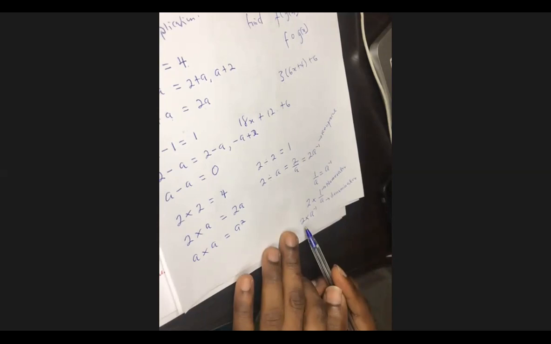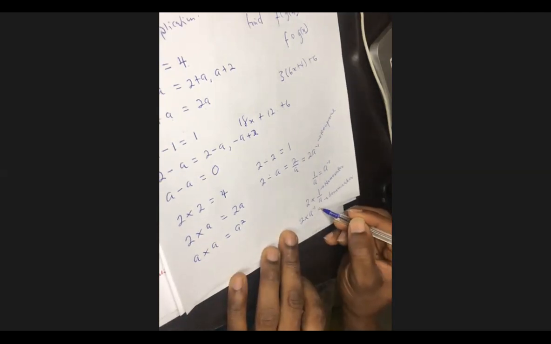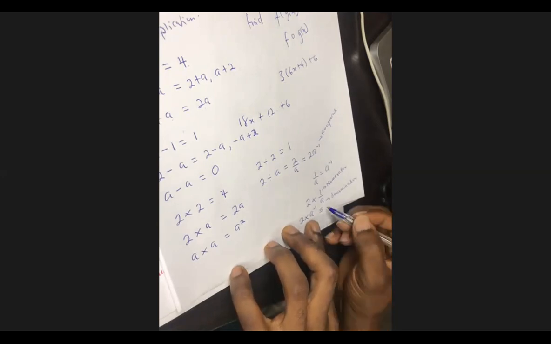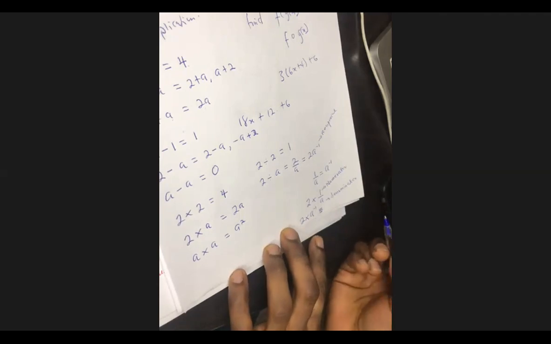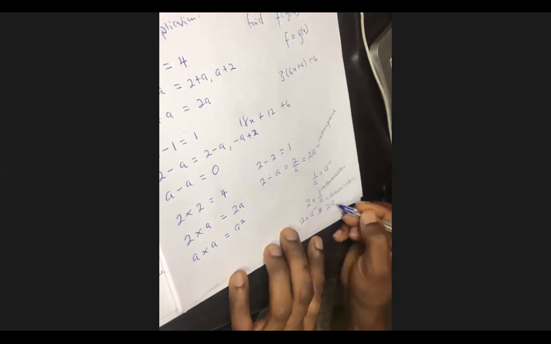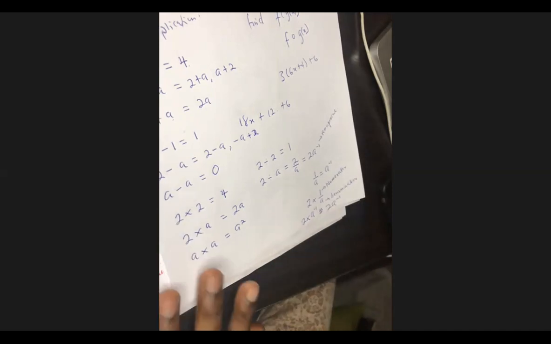So 2 times a raised to the power negative 1 is equivalent, with the equivalent sign, something like 3 dashes, to 2a raised to the power negative 1. Do you get it?